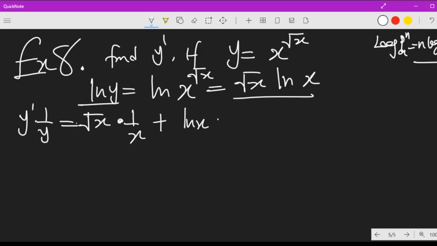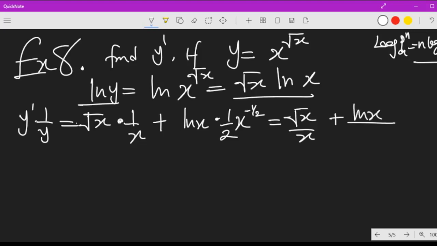Differentiating this, it is raised to the power half already, so you multiply by the half, and it will be 1 over 2 x to the power minus 1 over 2, so that's what it will give you. So in a better form we have root x over x plus ln x over 2 root x.